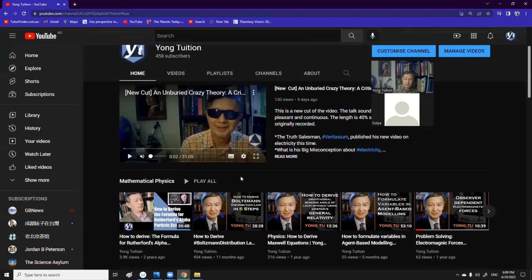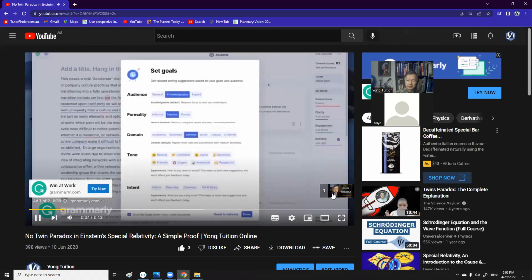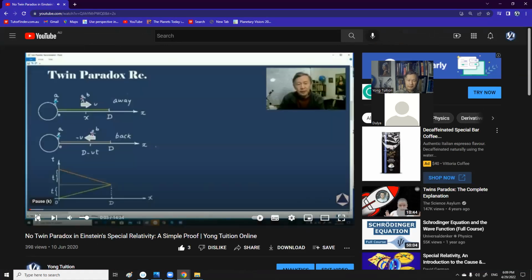Also, this one. There's no twin brother. This title is called the no twin paradox in Einstein's special relativity. That is my argument. But before this discussion, many people accepted this paradox. The two persons, twins, are the same age, born at the same time.